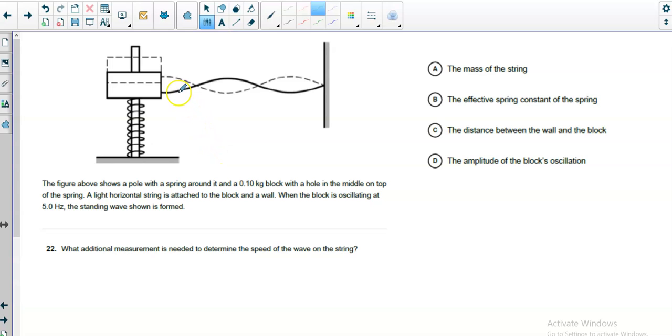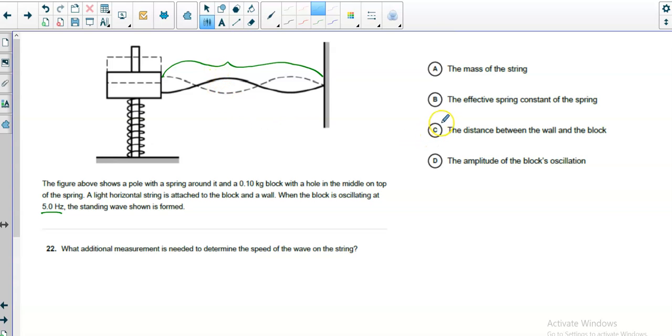Well, if I know that's 5 hertz, one thing I could do is I just need to figure out the wavelength. So for example, if I could measure the total length of the string, it's clearly got 2¼ waves, so I could find the wavelength that way.